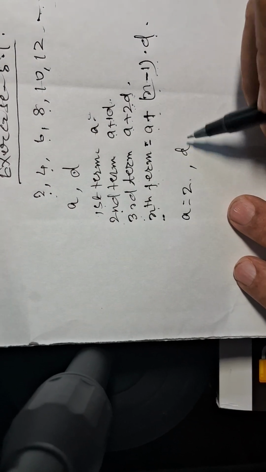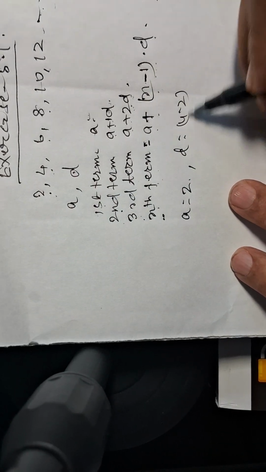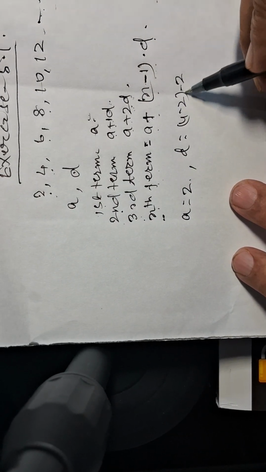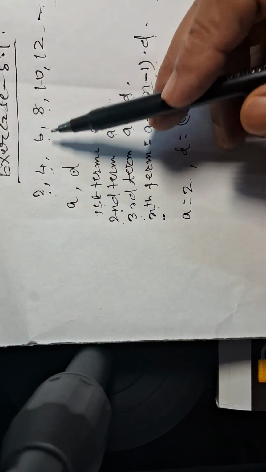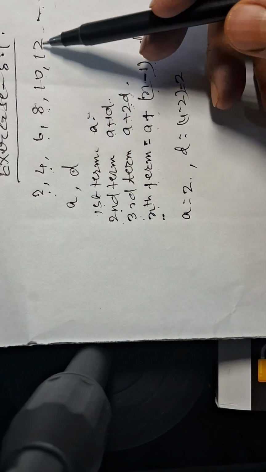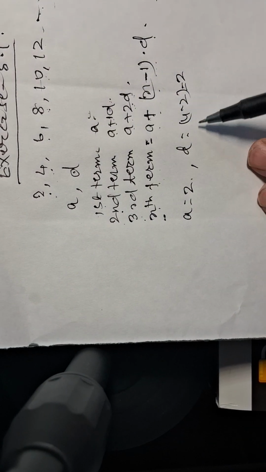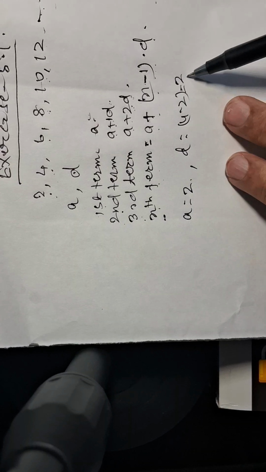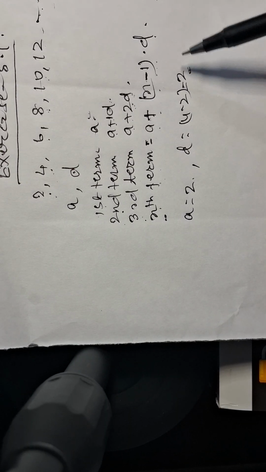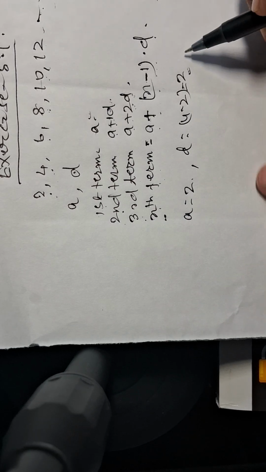And D is 4 minus 2, which is equal to 2. Whether 4 minus 2, 6 minus 4, 8 minus 6, 10 minus 8 or 12 minus 10, everywhere the difference is 2. In this way, we find the nth term.